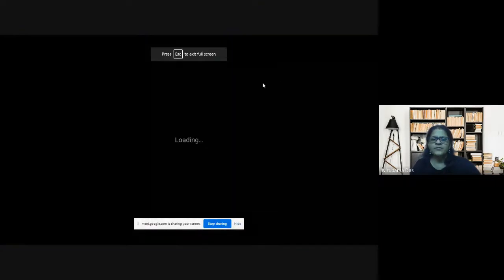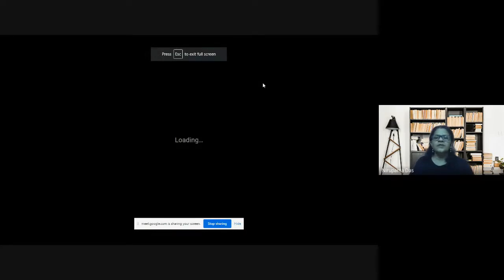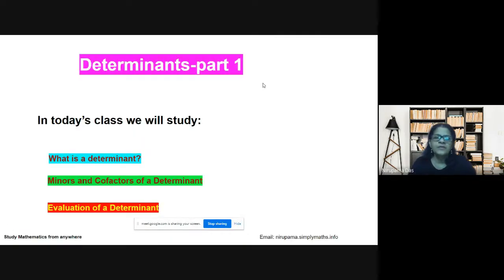Okay, so here we are, determinants part 1. Before that we already have studied what is a matrix, order of the matrix, elements of the matrix, various operations like matrix addition, subtraction, multiplication of a matrix by a scalar, multiplication of a matrix by another matrix, transpose of matrices, properties of transpose, many other things, right?